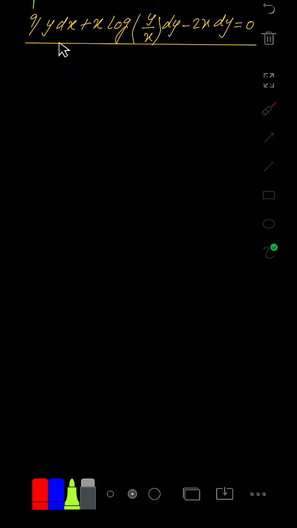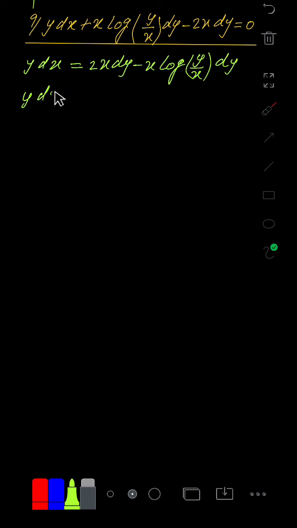Now ninth sum is y dx plus x log y upon x dy minus 2x dy is equal to 0. So transposing these two terms to right hand side, we have y dx is equal to, this term becomes positive and this term becomes negative on transposition, so we have 2x dy minus x log y upon x dy.